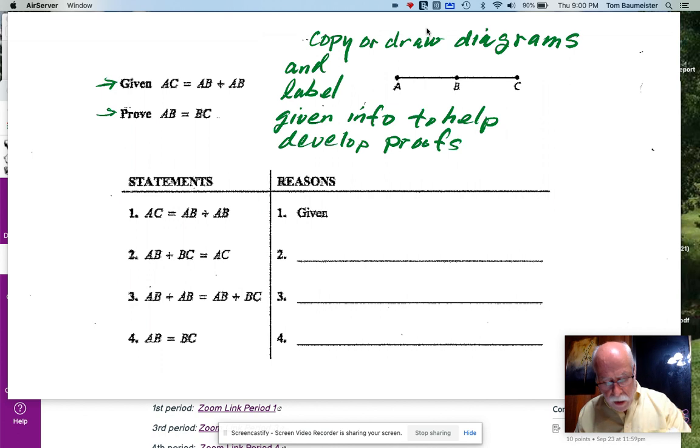We're going to look at that little diagram in a second and see how it helps us.